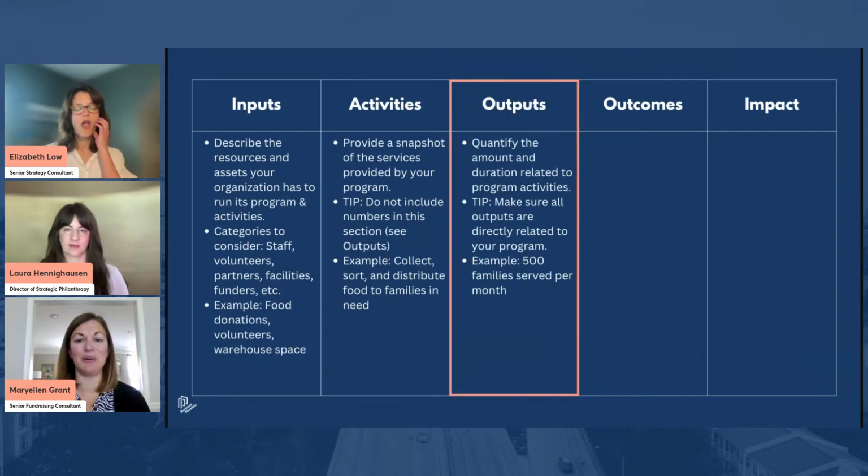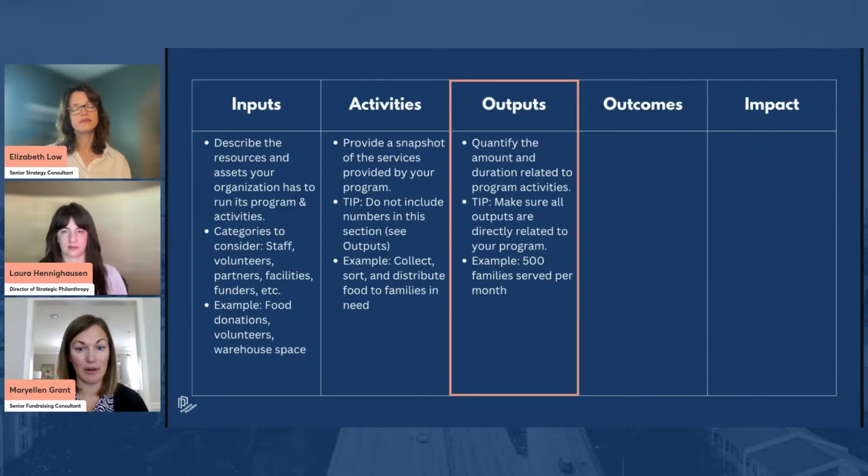So that brings us to outputs. And this is where you include the counts of the people, things, and activities that you've just listed in the column before. If you're doing this at the program level, I find it's really important to keep these counts focused on your program and its activities, avoiding outputs from other programs at your organization because it diverts from the main storyline and gets things muddled.